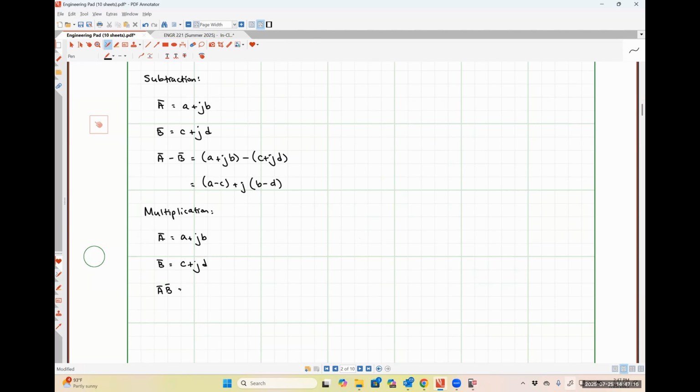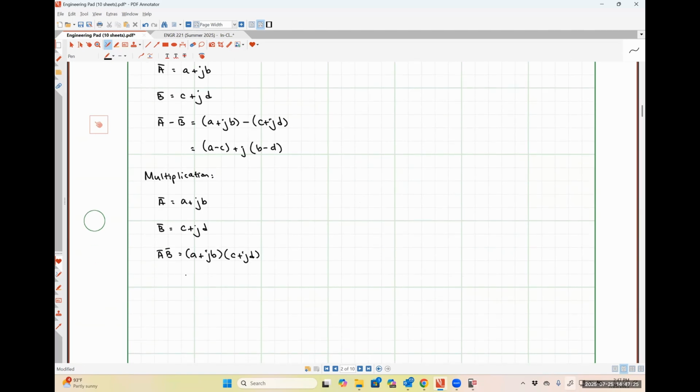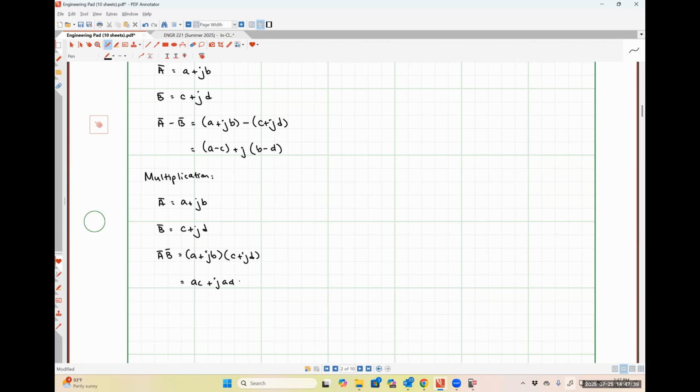So this is going to look like a plus jb multiplied by c plus jd. And so I'm just going to FOIL this out like we learned in junior high or whatever. So I'm going to have a times c plus j a times d plus j b times c plus j squared b times d.